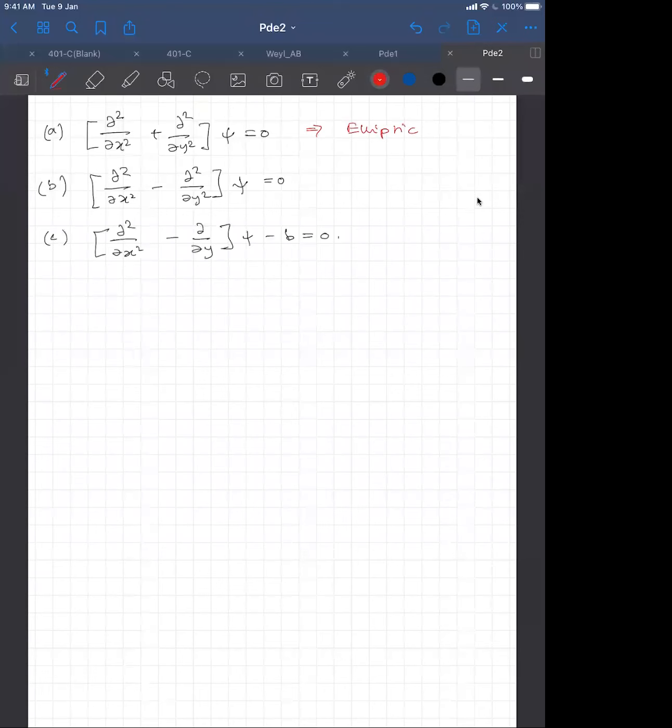These are already in a form such that Aij is diagonal, so we can just identify this. This is hyperbolic. And this one has one of the coefficients equal to 0, so this is parabolic. Very good. So that was a classification.